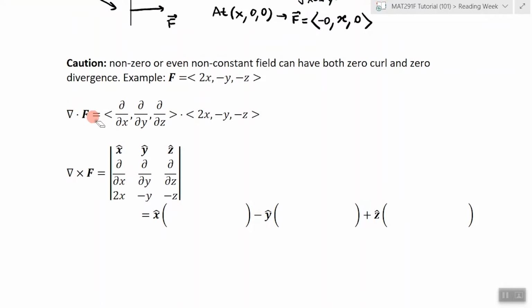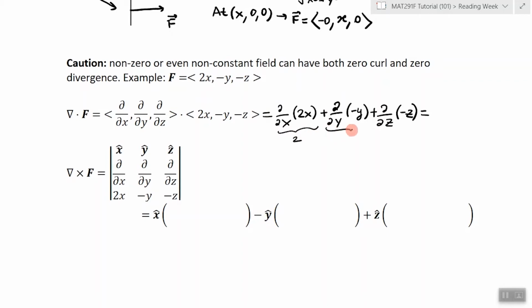Okay, divergence of this vector field is the del operator dot product with the vector field. Here you see I copied it exactly. This is equal to partial x of the x component plus partial y of the y component plus partial z of the z component, equal to, this gives us 2, this gives us -1, and this gives us -1.